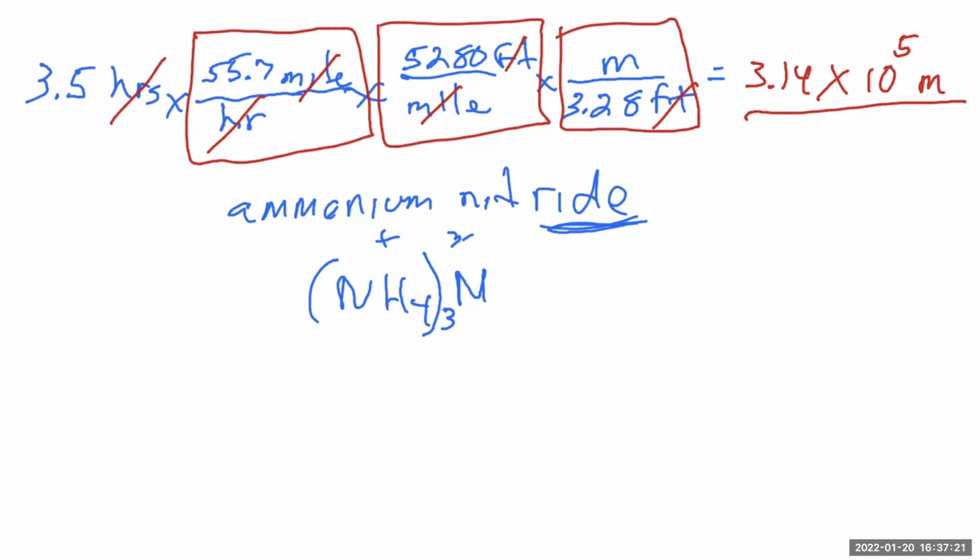And the question is, how many nitrogen atoms does it contain? So how many nitrogen atoms are there in ammonium nitride? Do you just add them up? Yep. So how many total nitrogen atoms are there?